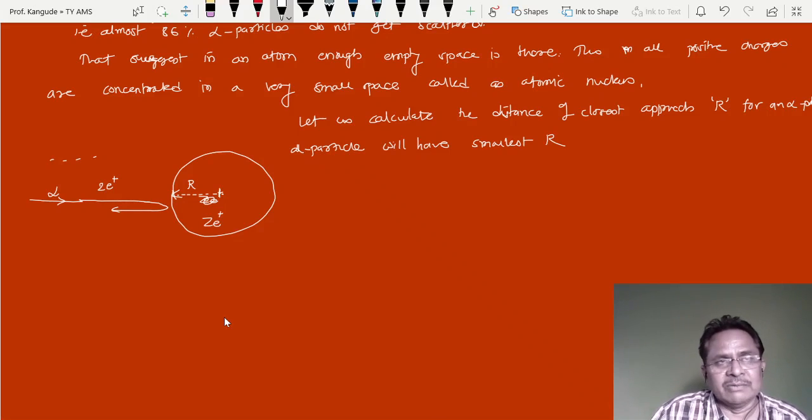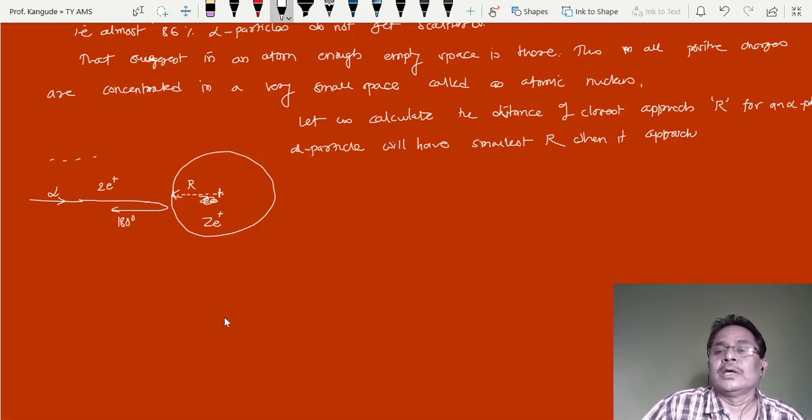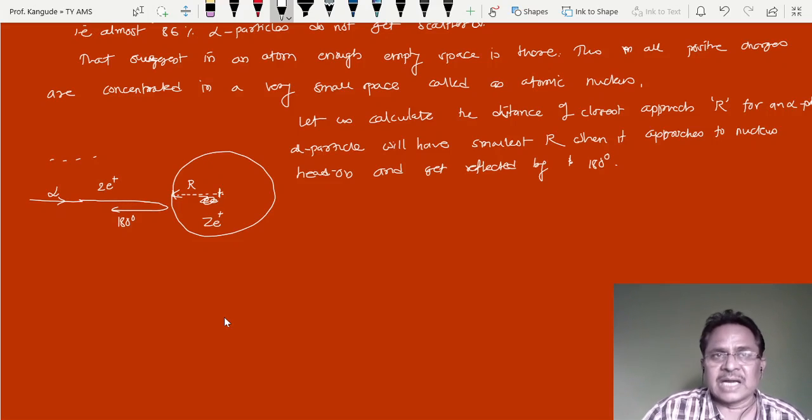So this alpha particle which is reflected back by 180 degrees, that alpha particle is to be selected, and this distance of approach is to be taken as the closest approach. So the alpha particle has the smallest r when it approaches a nucleus head on, directly in a straight line, and gets reflected back by 180 degrees, exactly changing its path.